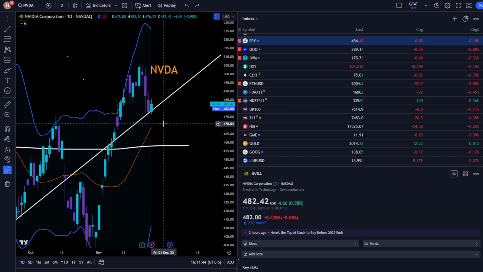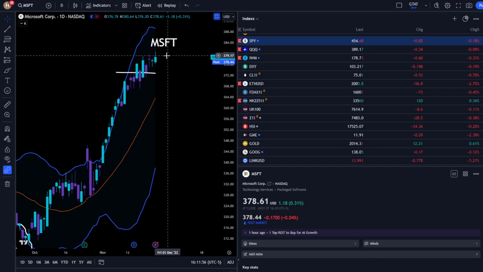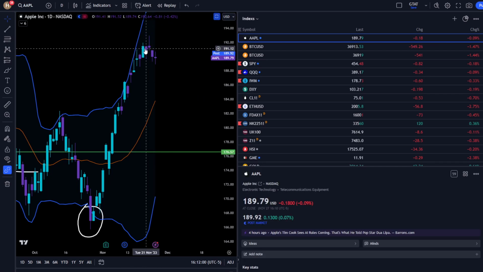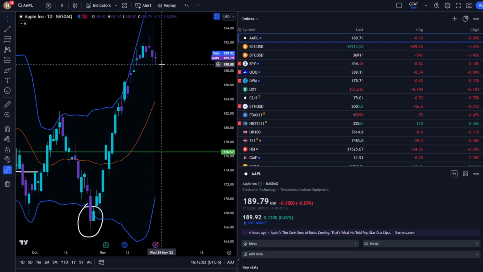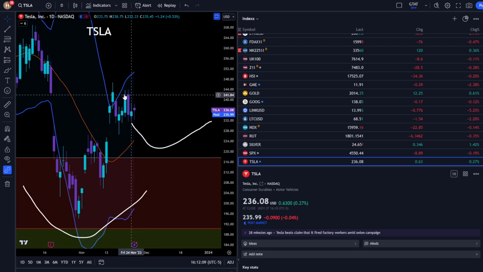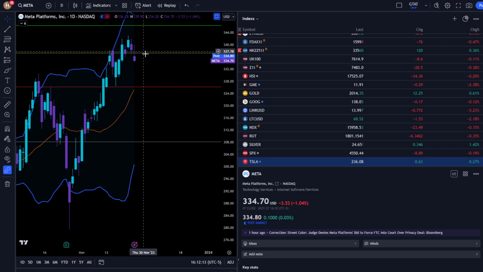And essentially, the rest of the tech stocks are basically not showing too much clear signals either. Take a look at everything. Microsoft, it's right at highs. Apple, technically it's at a level of support we can bounce off of, 188.50. Tesla consolidating once again, nothing too special here. Meta, also at a level of support.